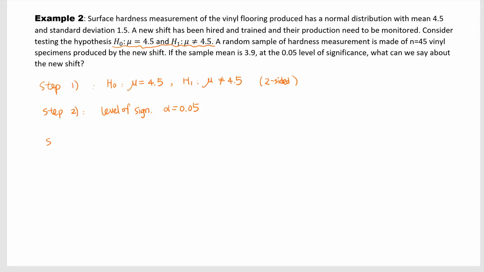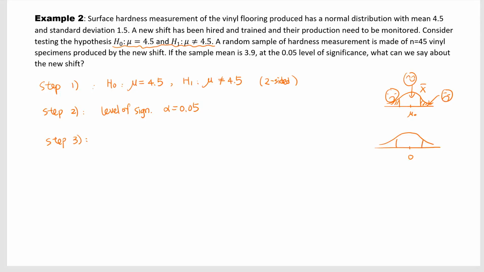Step 3. What is our criterion? Okay, here our picture is two-sided, right? So mu 0, x. Two-sided means if it's in the middle, we are happy. If it's outside, then we are not happy.